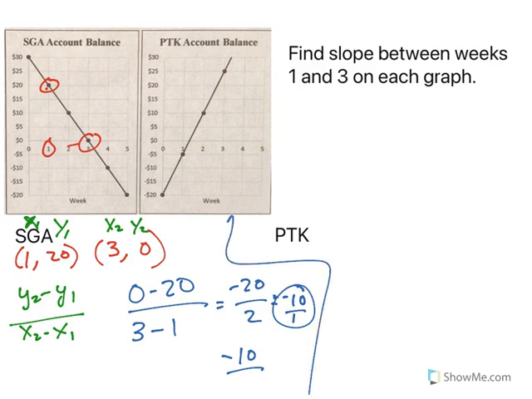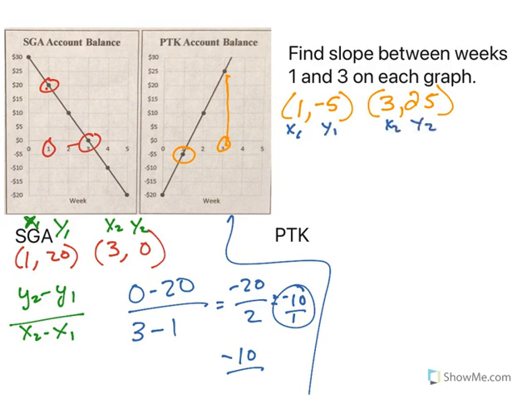Let's do the same thing for PTK. In week 1, when x is 1, my y value is negative 5, and in week 3, when x is 3, my y value is 25. Again, if I do x1, y1, x2, y2, I can substitute in y2 minus y1 over x2 minus x1.